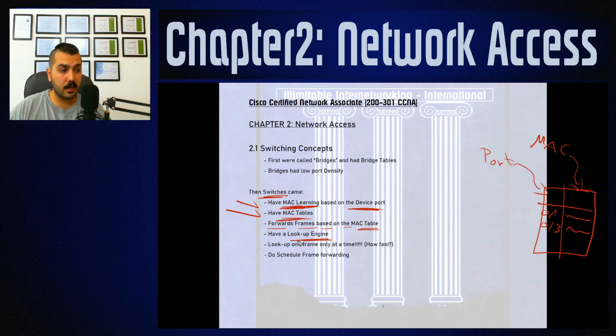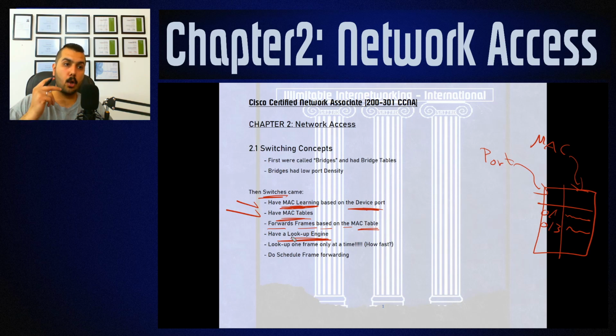The big difference from bridges and hubs is that switches have a lookup engine. Lookup means: wait please, hold on, frame, I need to look you up to know where you came from, whom you are seeking, and I will switch you to that destination. After this frame goes, I will receive a second frame, maybe David is contacting John and at the same time Elessa is contacting John.